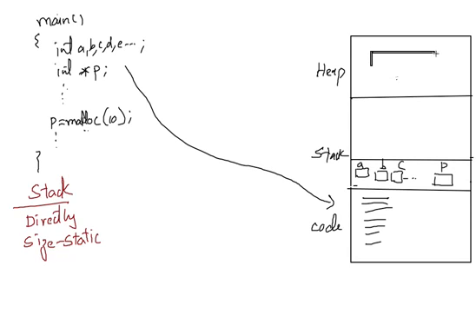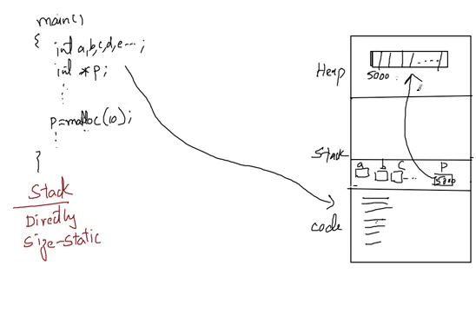So 10 bytes of memory is allocated from heap, and the address of this is stored inside P. Let us say the address of this beginning location is 5000. So 5000 is stored in P. So P is pointing to this location, to this memory.